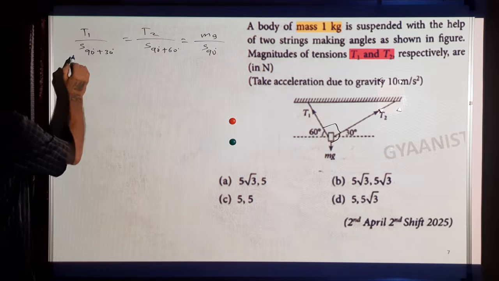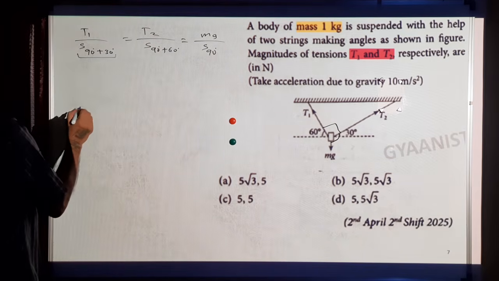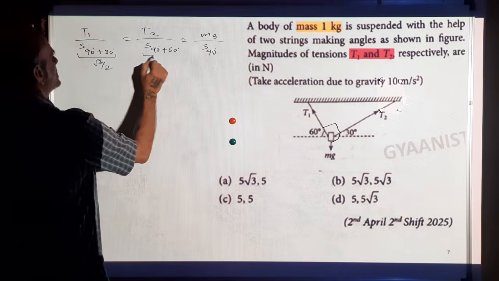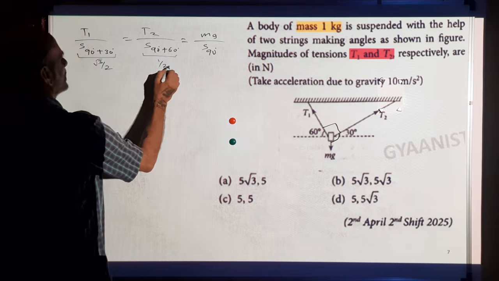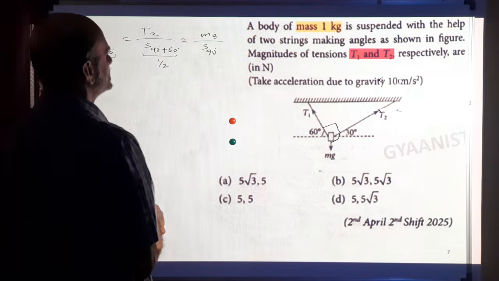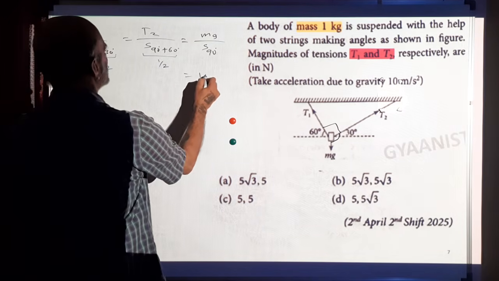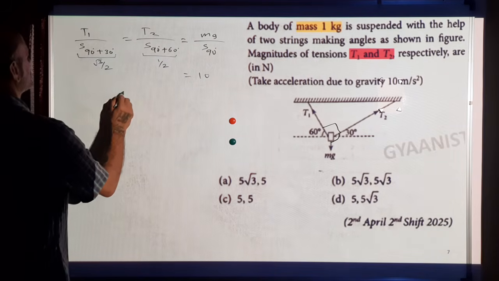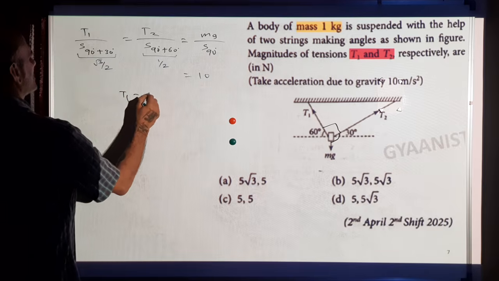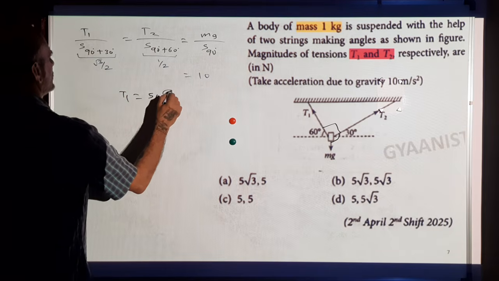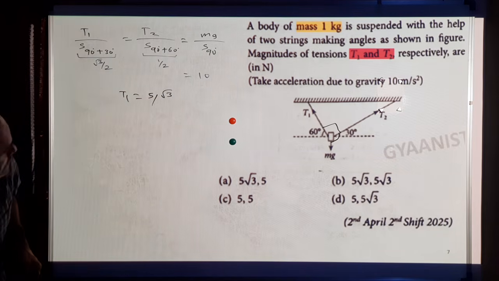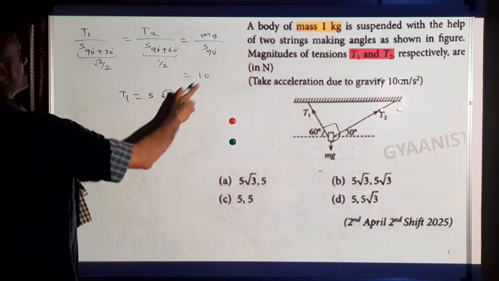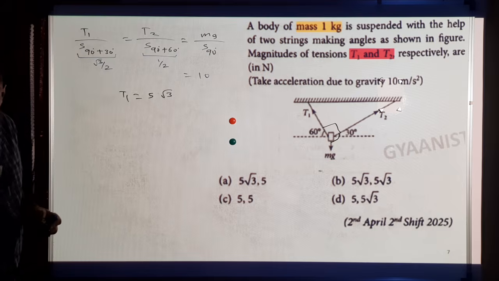So this is nothing but cos 30, which is root 3 by 2, and this is cos 60, which is half. Mass is 1 kg, g is 10, so the right hand side is equal to 10. So from this, tension 1 is 10 into root 3 by 2, which is 5 root 3 Newton.